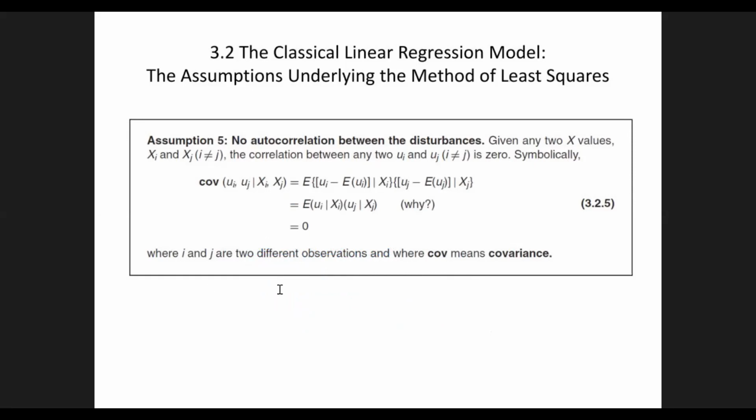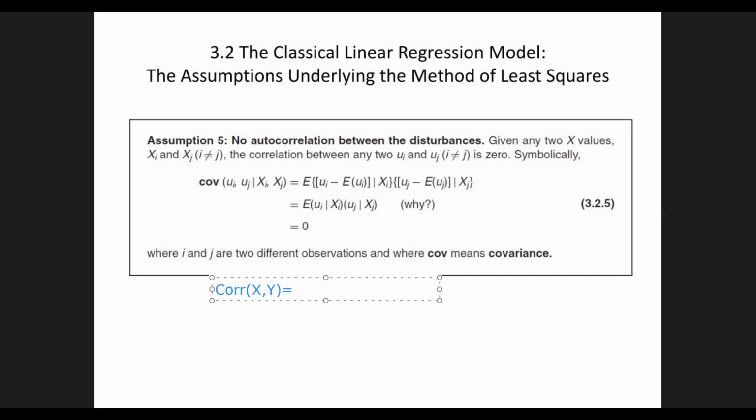Now, in this assumption, we are saying that there is no autocorrelation between the disturbances. So, if we write down the correlation between, autocorrelation is nothing but the correlation between two variables.